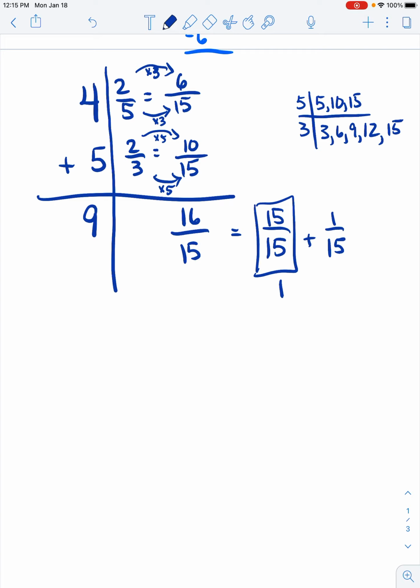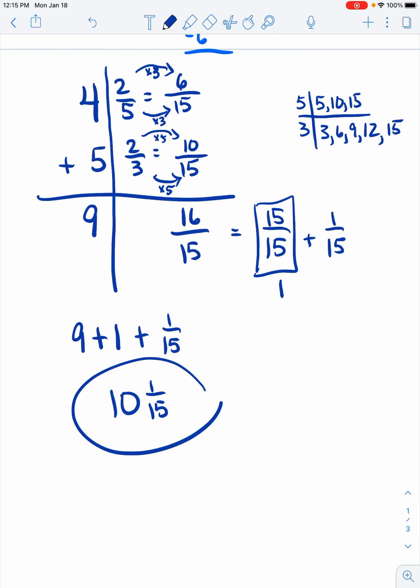Okay, so I am going to add 9 plus 1 plus 1/15, and that is going to give me 10 and 1/15 as my sum. And that's the way that we add mixed numbers.